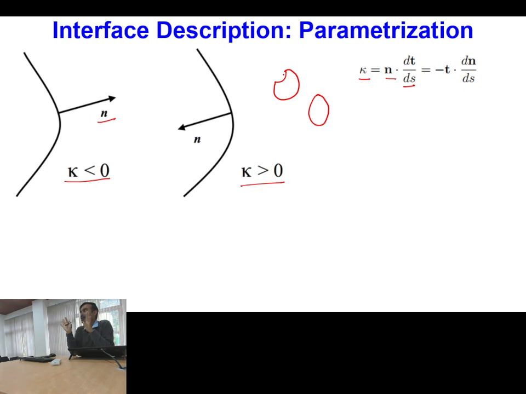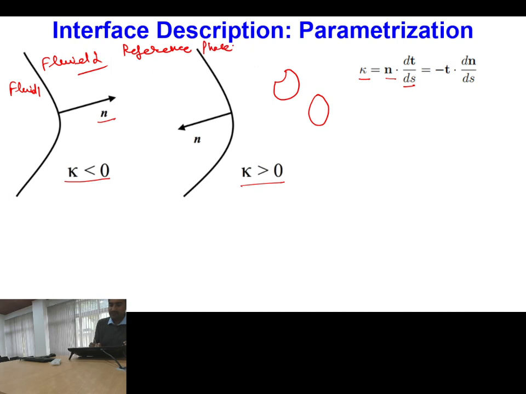So whenever we do computations of multi-phase flow, we define fluid 1 on one side of the interface and fluid 2 on the other side. We define one reference phase, and usually fluid 1 is considered our reference phase.